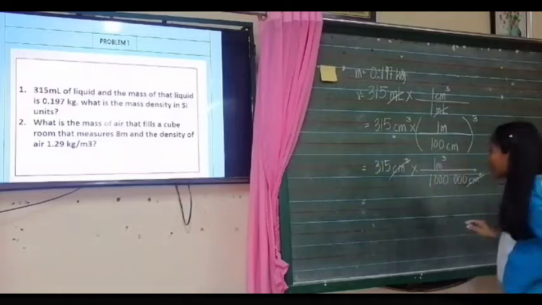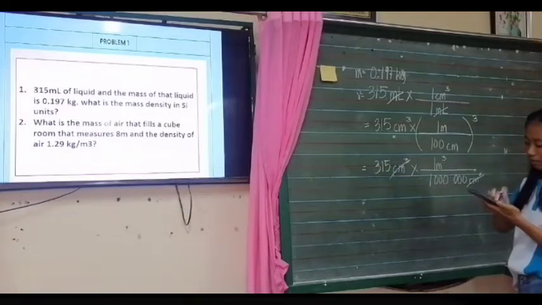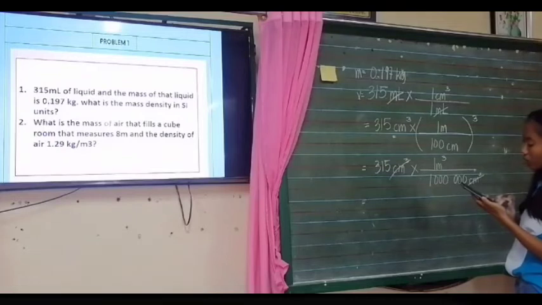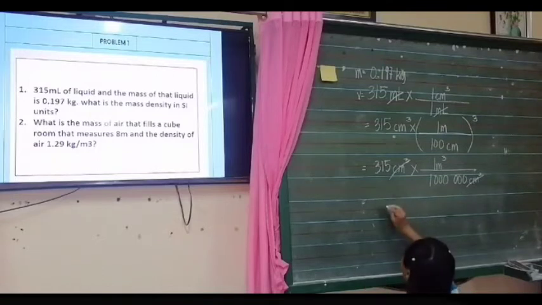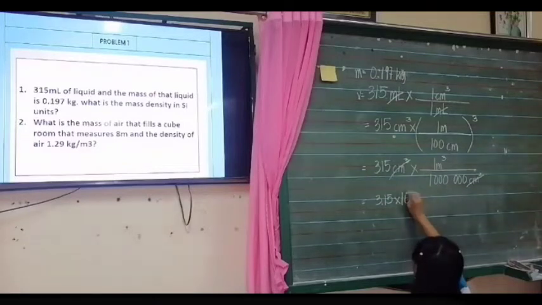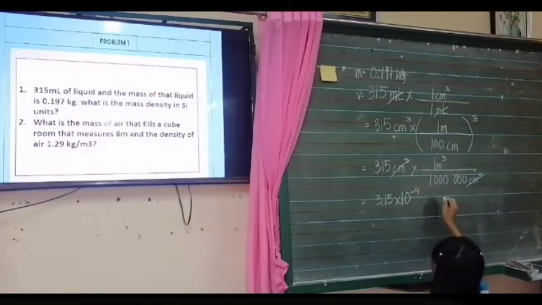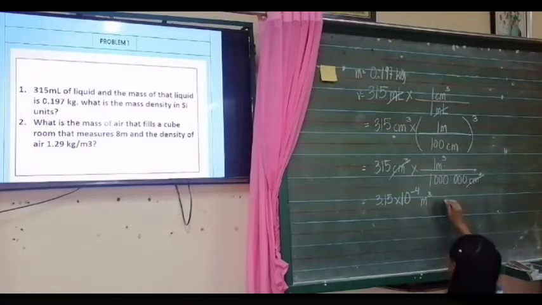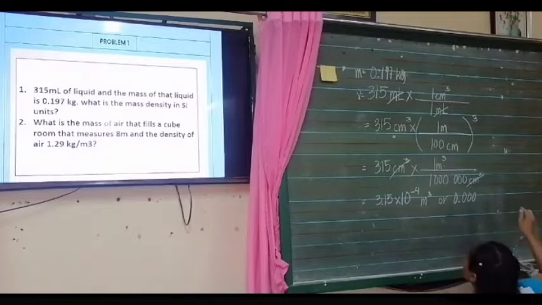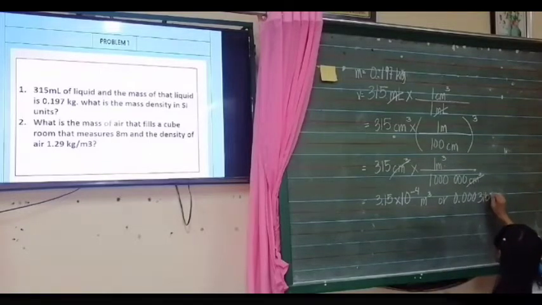So, 315 divided by 1 million. We have 3.15 times 10 raised to negative 4. Ang natitira na lang is cubic meter. Kung gusto nyo hindi naka-scientific notation, we have 0.000315 cubic meter.